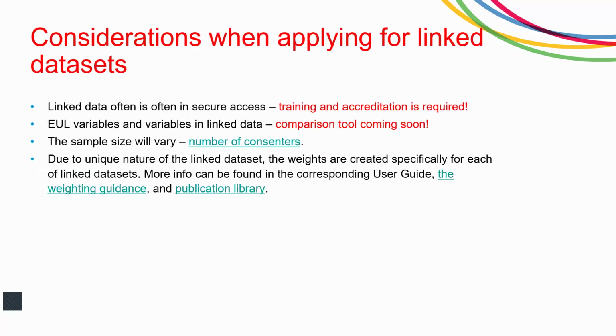But you also need to consider some things when you're applying for linked data sets. As I mentioned before, a linked data set is often in secure access, so training and accreditation is required.